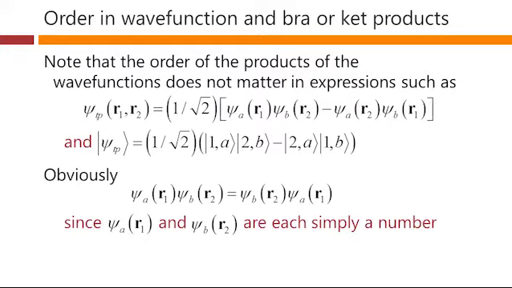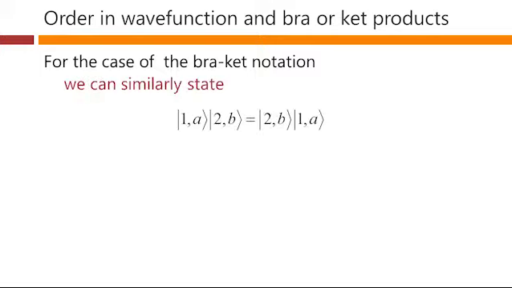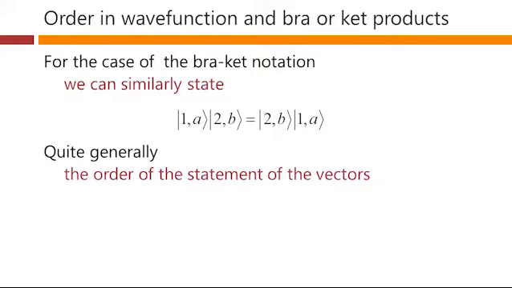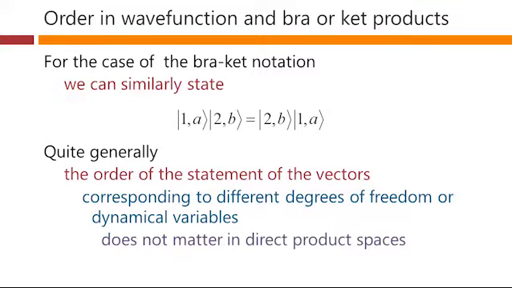And that follows because each of these is simply a number, of course, and multiplication of numbers is commutative. For the case of the bra-ket notation, we can similarly state that this product of kets is the same as this one. It makes no difference. Quite generally, the order of the statement of the vectors corresponding to different degrees of freedom or dynamical variables does not matter in direct product spaces.